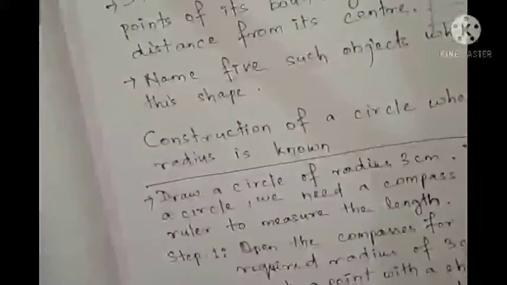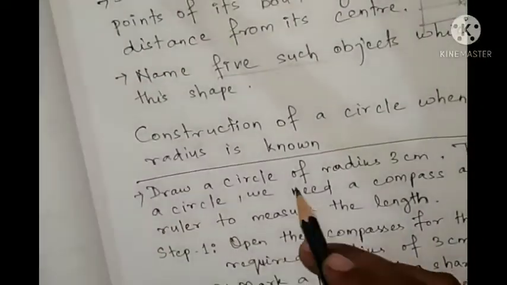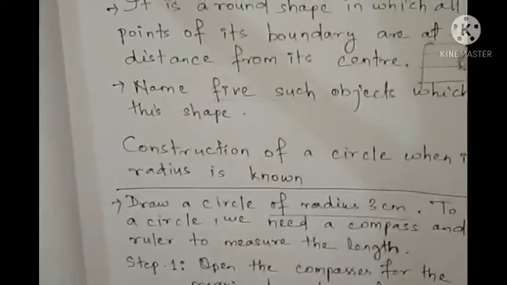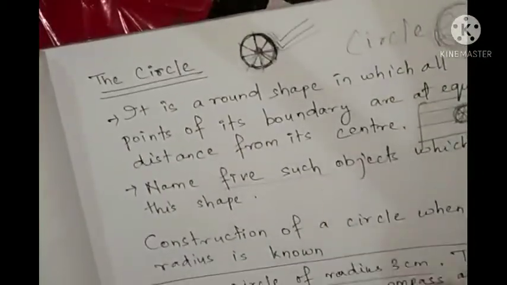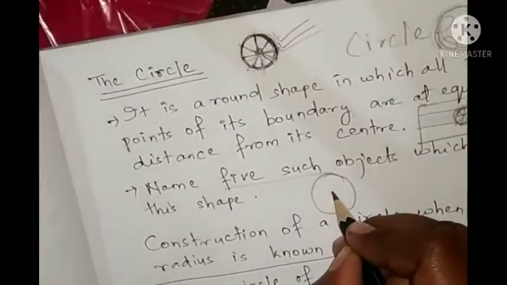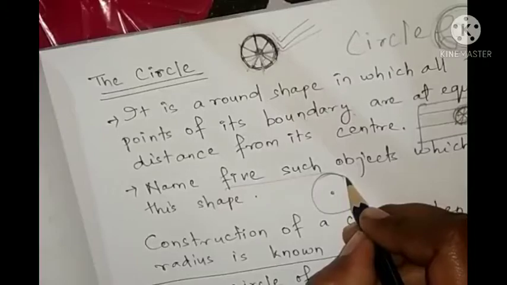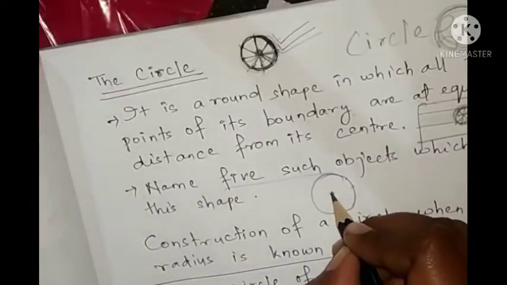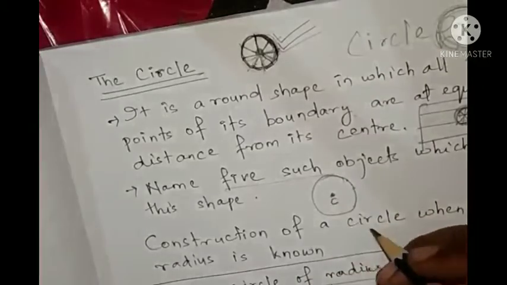For construction of a circle, draw a circle of radius 3 cm. So we'll see what is radius. We know that in a circle all the points in the boundary are at equal distance from the center. So a circle has a center.